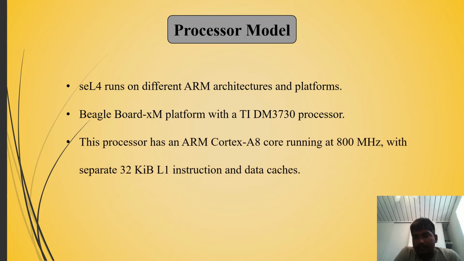BeagleBoard is an education tool for the development of open source software. This processor has an ARM Cortex A8 core running at 800 MHz with separate 32 KB L1 instruction and data caches. A CPU has a hierarchy of multiple cache levels, and SCL4 uses the L1 instruction and data cache.